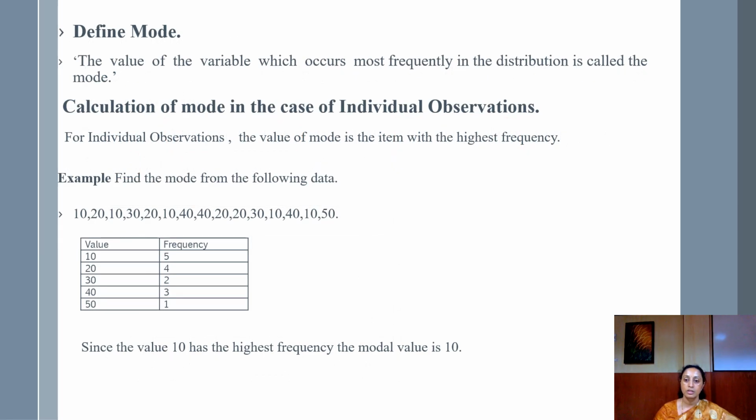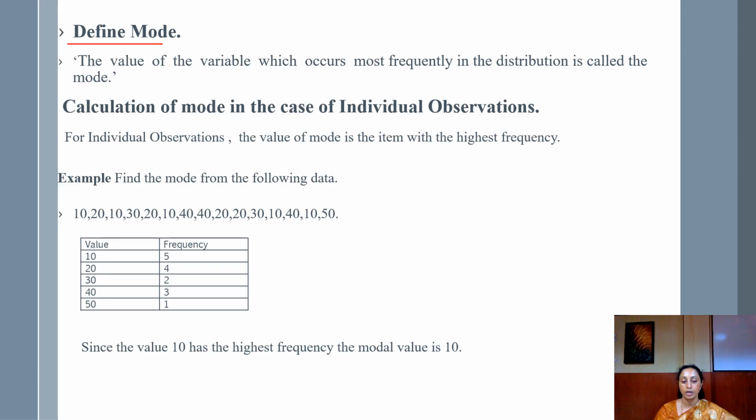So now, what is the definition of a mode? I already said the value of the variable which occurs most frequently in the distribution is called the mode. So now let us take an example. Here we have the data 10, 20, 10, 30, 20, 10, 40, 40, 20, 20, 30, 10, 40, 10 and then again 50.